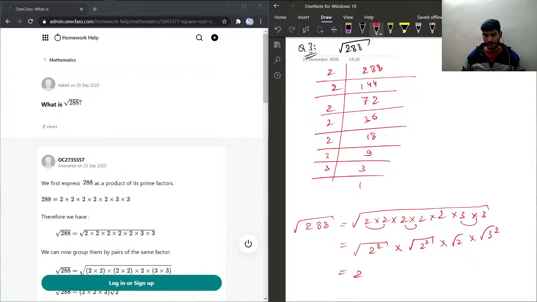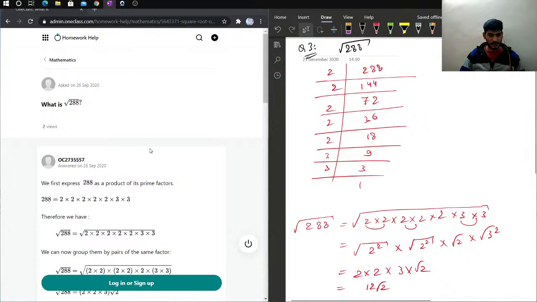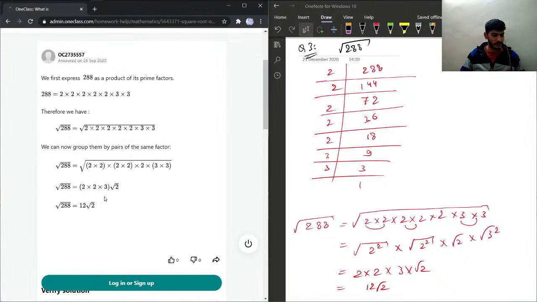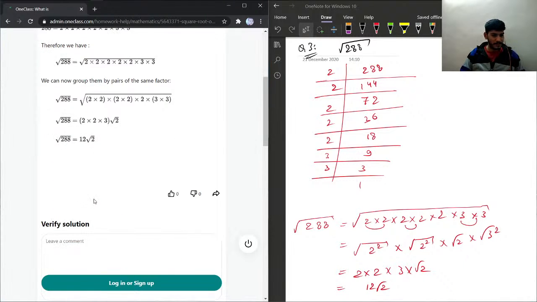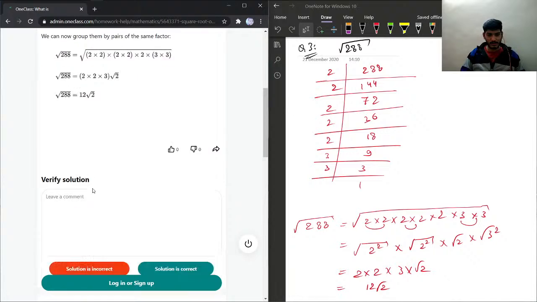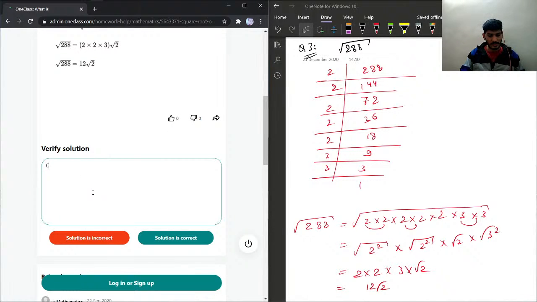This will be 2 into 2 into 3 into the square root of 2, so 4 threes are 12, 12 root 2. Let's just check the solution given by Junior Tutor. Yeah, this is a similar solution. So correct solution, good work.